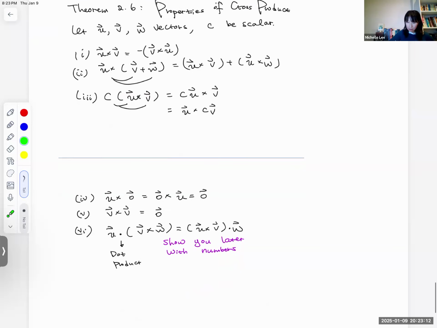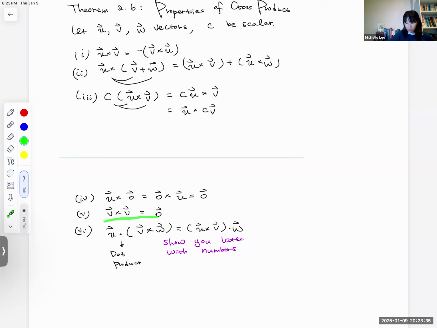Now, if we have a zero vector, this is commutative, because if we put the negative sign, it is still zero, right? Negative zero is zero, positive zero is still zero, right?